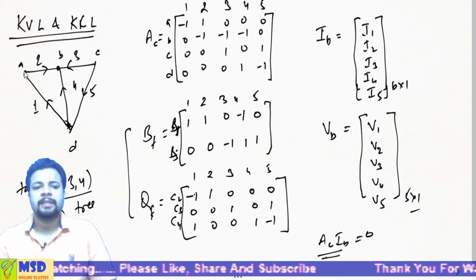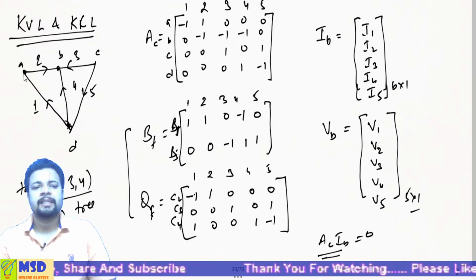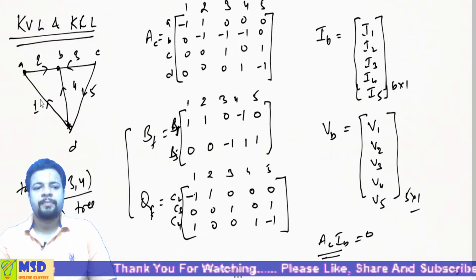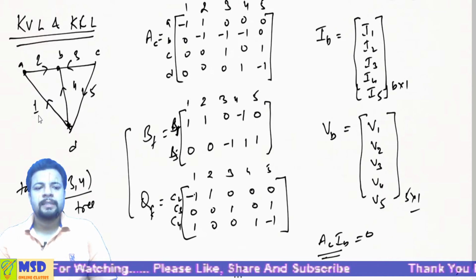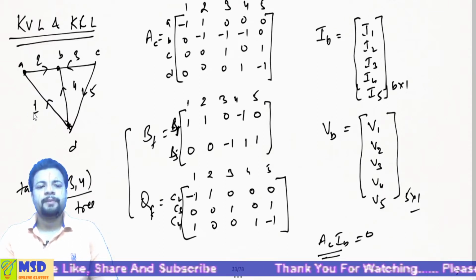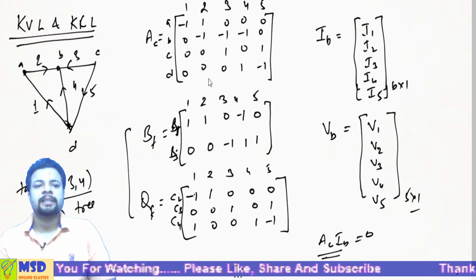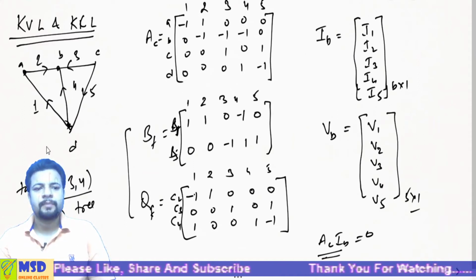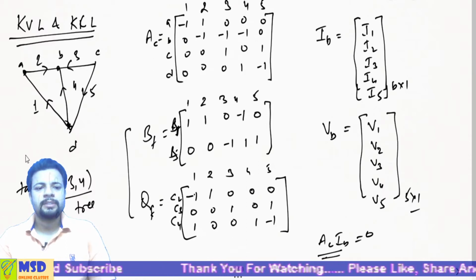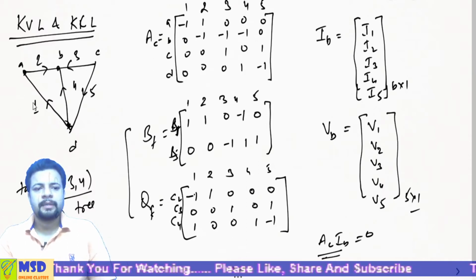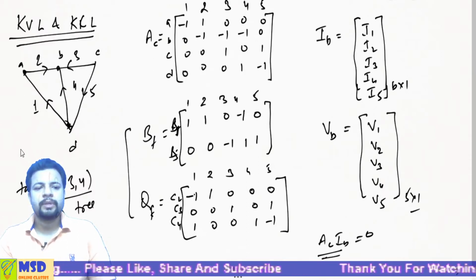Now if we apply KCL at this node A, we can observe that minus I1 plus I2 is equal to 0, and this is as per KCL. KCL at this node says sum of incoming current should be equal to sum of outgoing current.